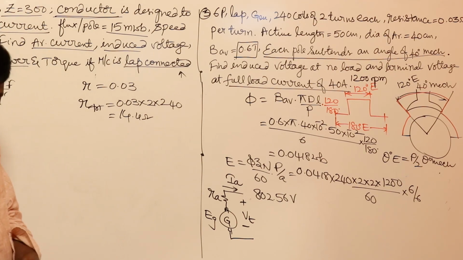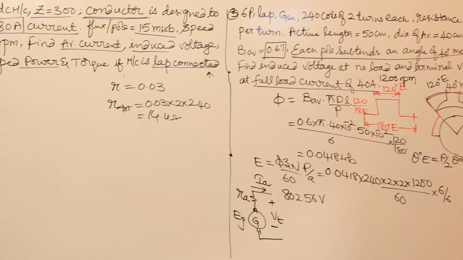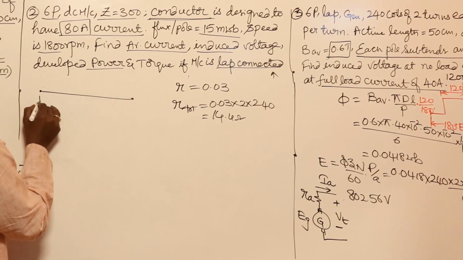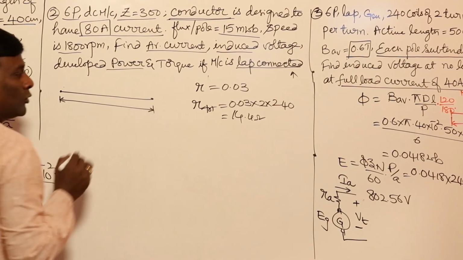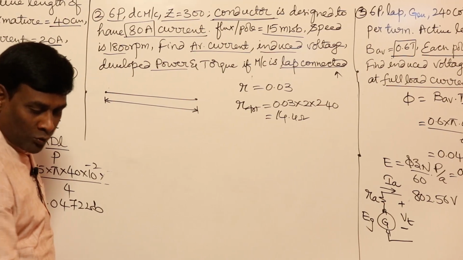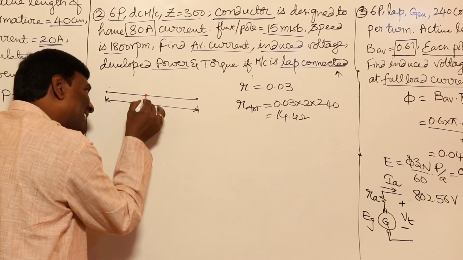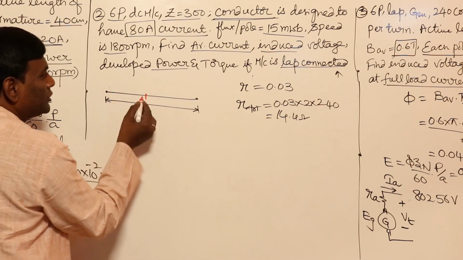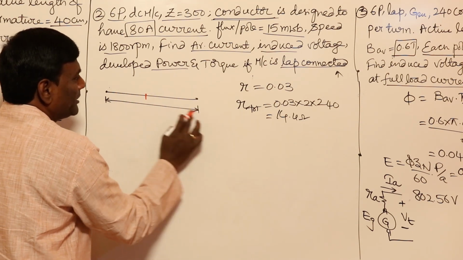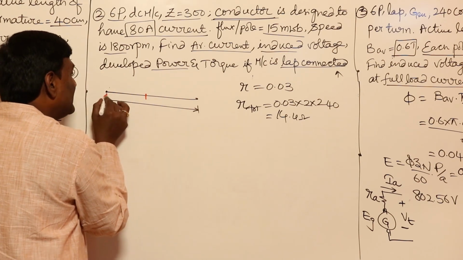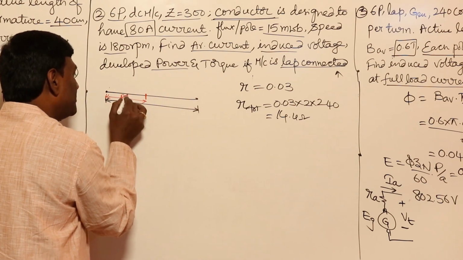For example, if I think of a wire whose resistance is 14.4 ohms, and I cut it in half, each half is going to be R by 2.